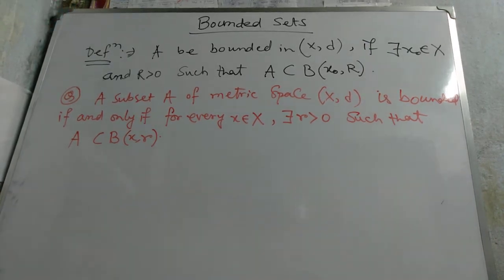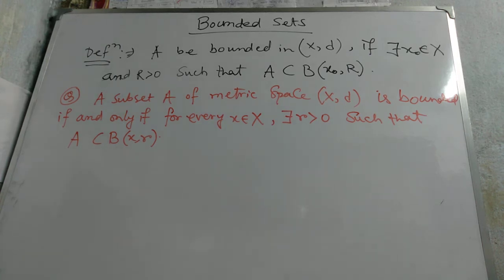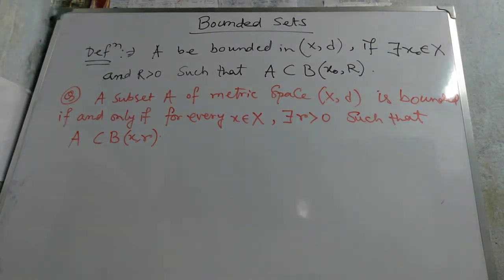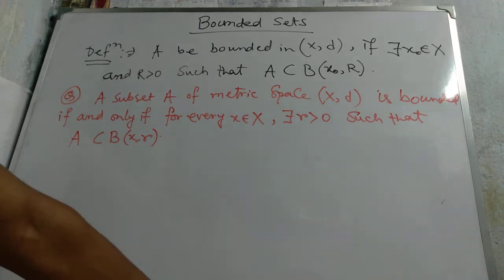Now we are going to prove this problem. First we understand this one. A subset is bounded, that means one set is bounded, and this subset of X is bounded if and only if this happens. How this happens we discuss today.